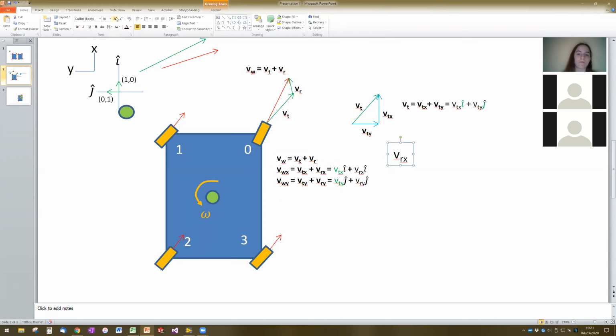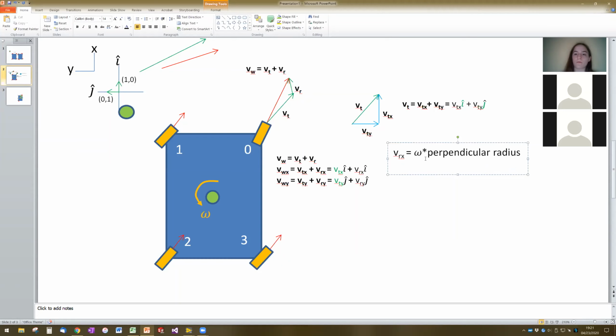So that equals, let me get an omega, equals omega times the perpendicular radius.